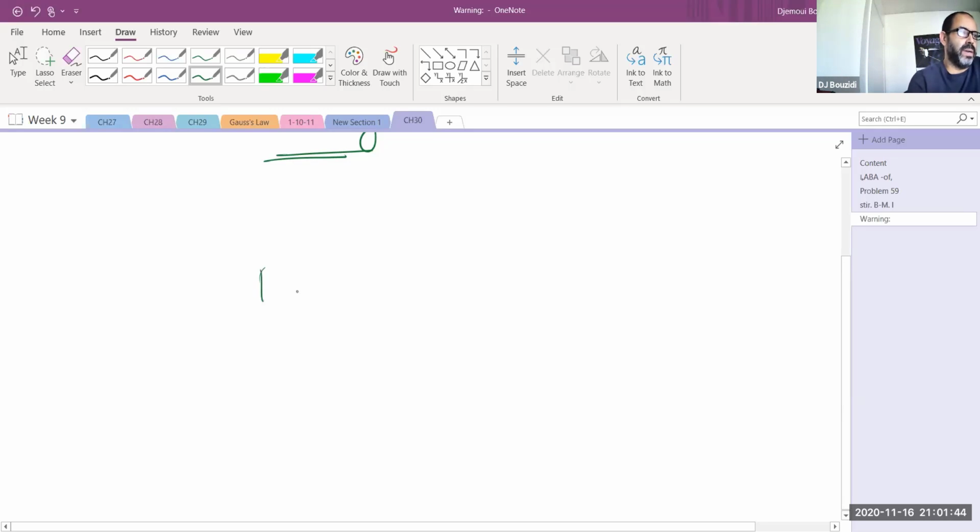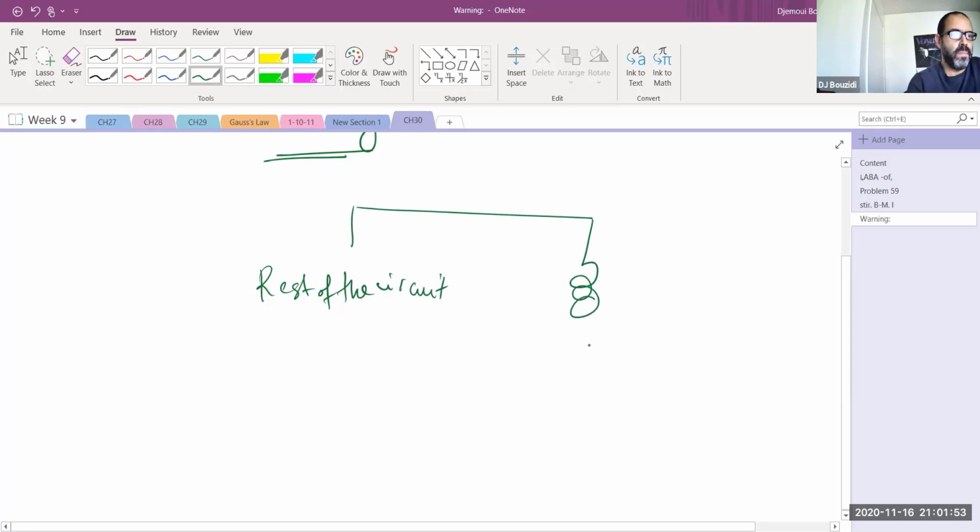So you have the rest of the circuit in here, and then you hit an inductor. The problem is with the voltage V from this point to this point. Let's make the current I going in this way.